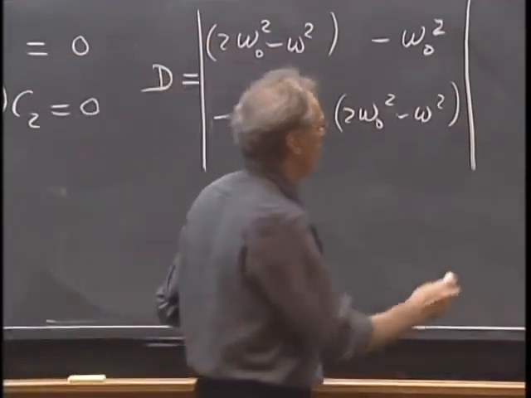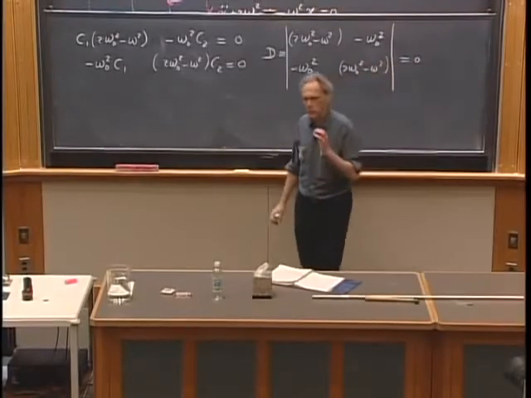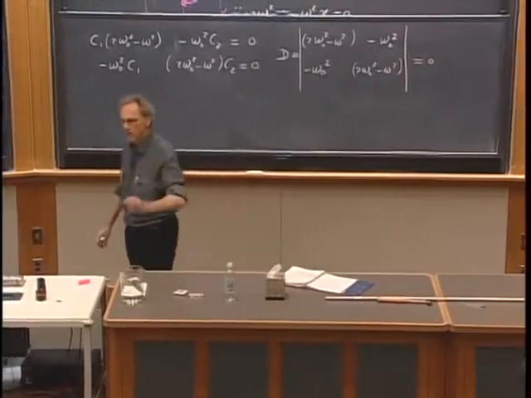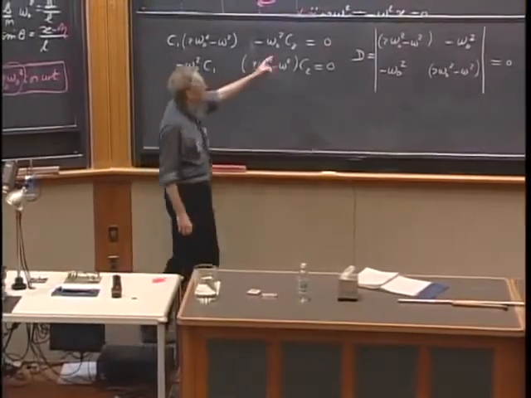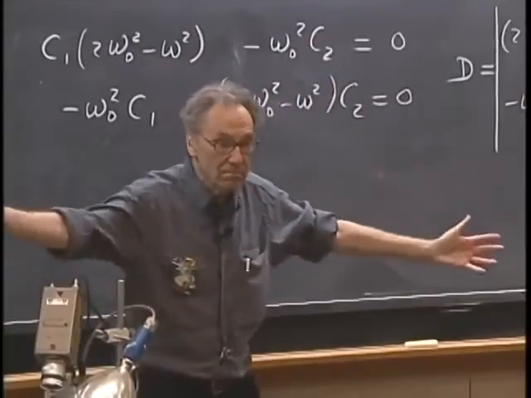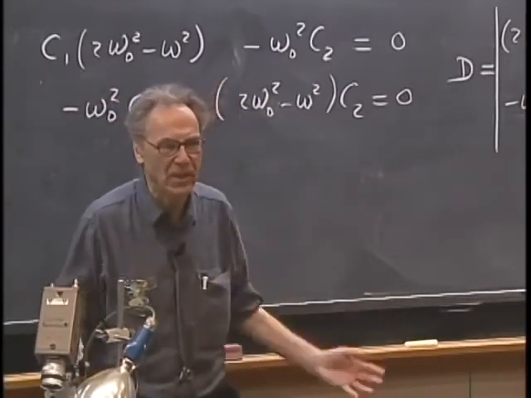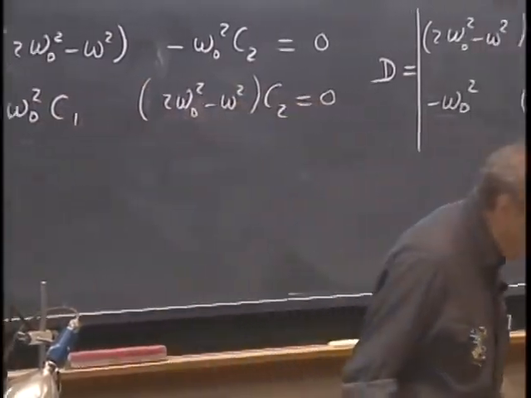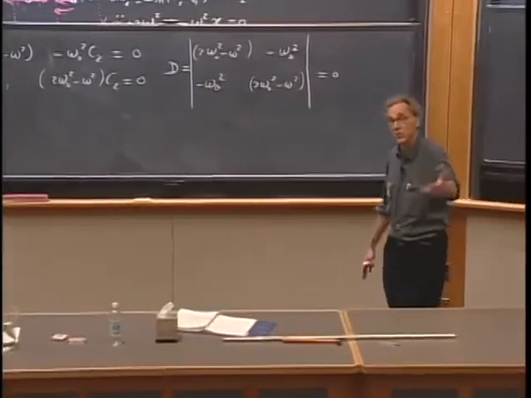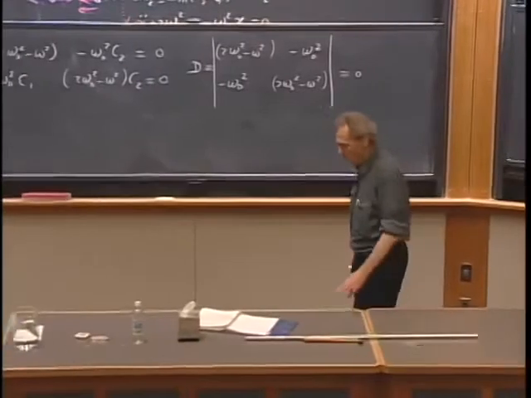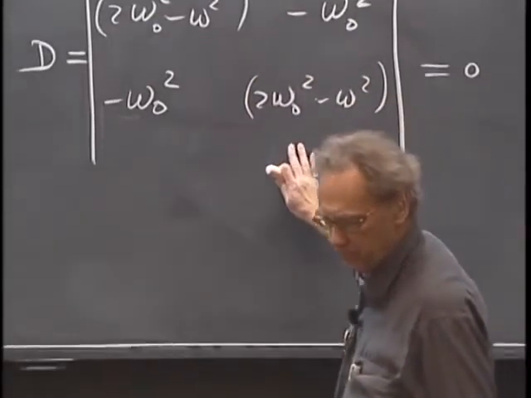And this now must be 0 if I am looking for solutions which are not c1 is 0 and c2 is 0. It's clear that if c1 and c2 are 0, the equations are satisfied. 0 is 0, but that's not an interesting case. And the only way that you can get a solution which is interesting, with values for c1 and c2 which are not 0, is by making this determinant 0.